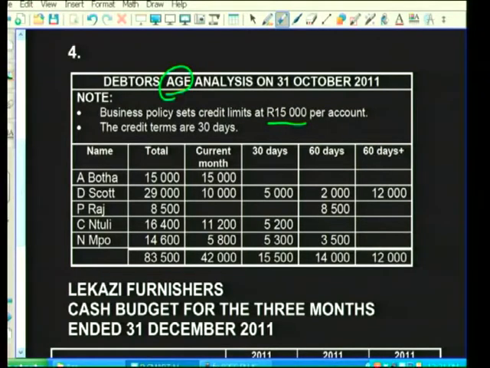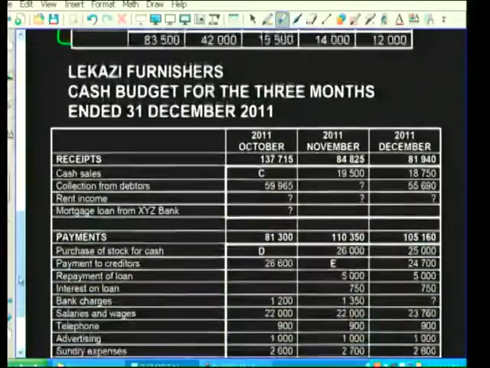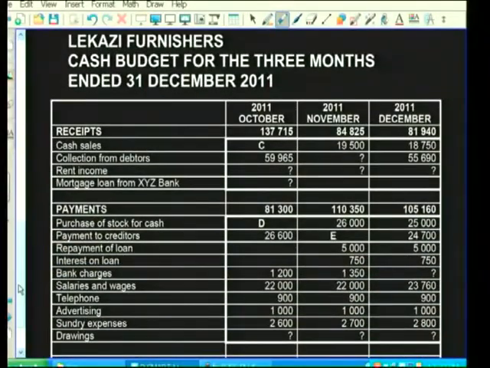We came across that, and the credit term is 30 days. I'm not going to go into the debtors' age analysis in detail at this point. We're going to get to that when we come to our question. But for now, these are all my debtors, all 5 of them, and this is how much they are owing us.